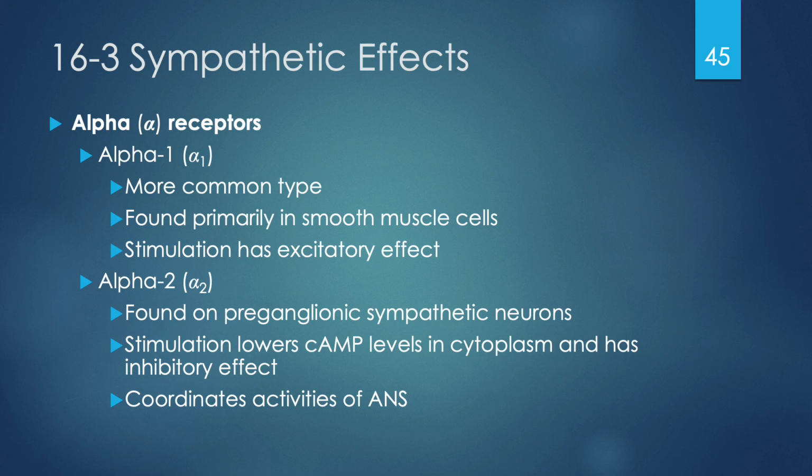When it's active, the norepinephrine is going to bind to the alpha 2 receptors, and this is bound at parasympathetic neuromuscular and neuroglandular junctions, inhibiting their activity. So the alpha 2 receptors are overall more responsible for coordination of activities in the autonomic nervous system.